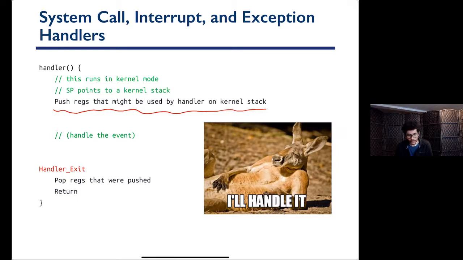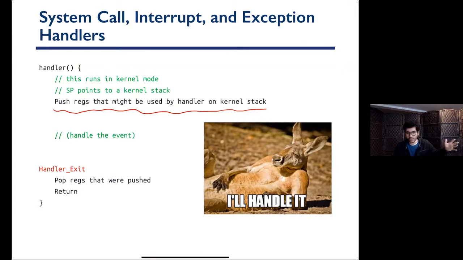Now, if you remember, we had to have this transparent mode switch, meaning that we needed to save the state of the running thread before we start handling the interrupt. And once we're done, we want to go back to that state.